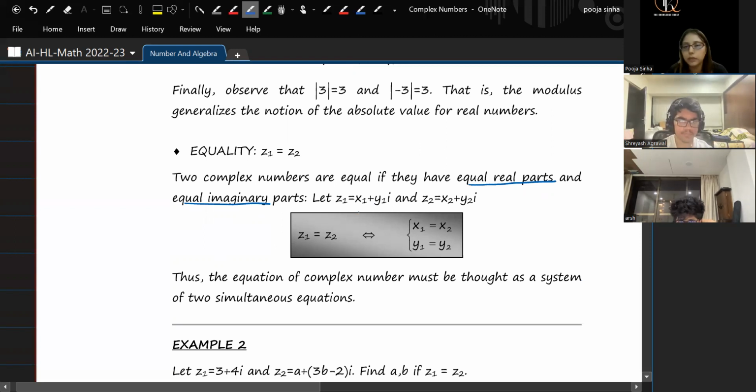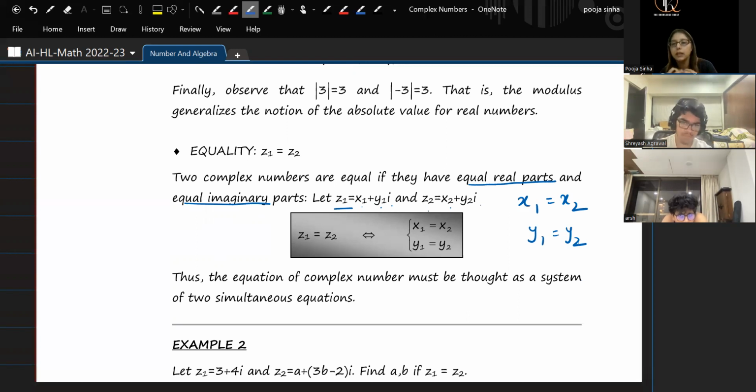Which means if I say Z1 is equal to X1 plus Y1i and Z2 is equal to X2 plus Y2i, then I conclude that X1 is equal to X2 and Y1 is equal to Y2. Is my point clear? Right? So using these, we will have questions on simultaneous equations. You remember what are simultaneous equations? Okay, so we are going to use simultaneous equations here.